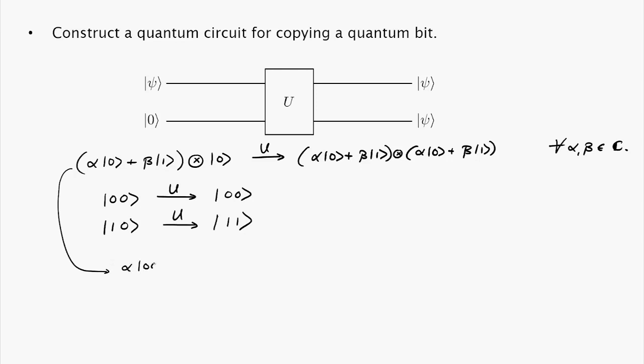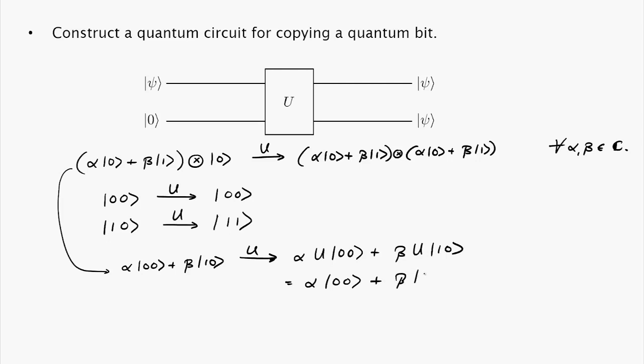Under U it must get mapped to alpha times U of 0, 0 plus beta times U of 1, 0, which is alpha 0, 0 plus beta times 1, 1.